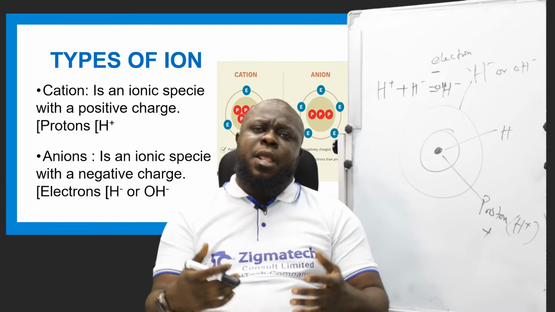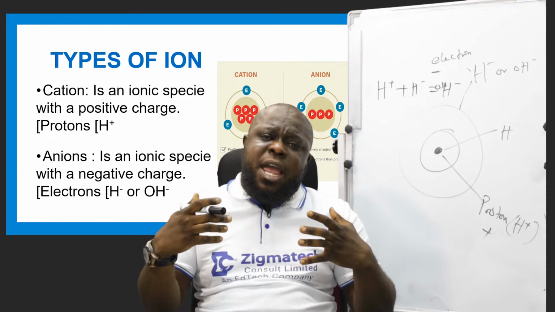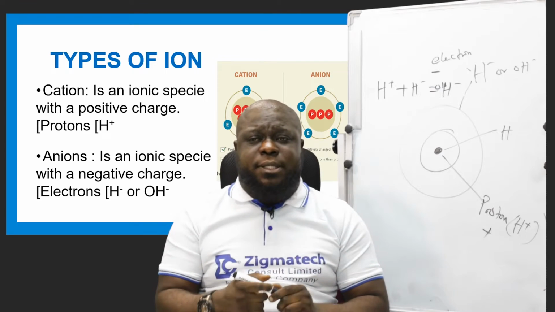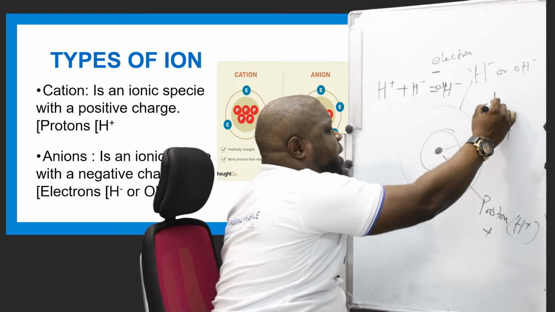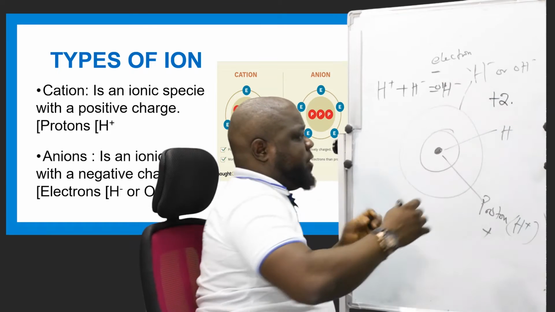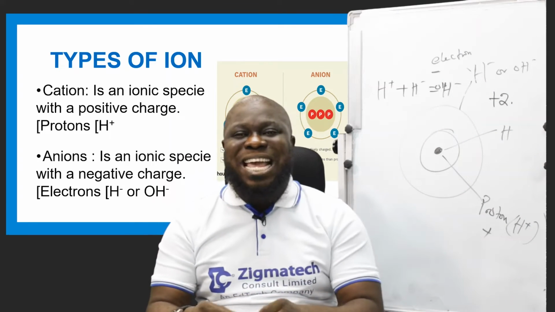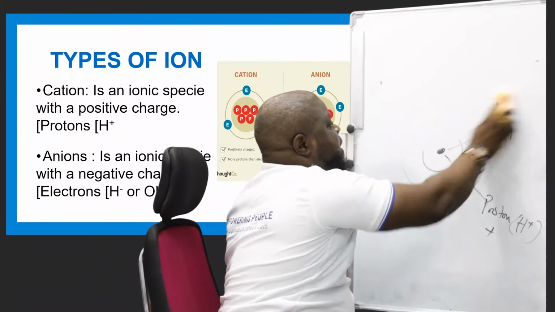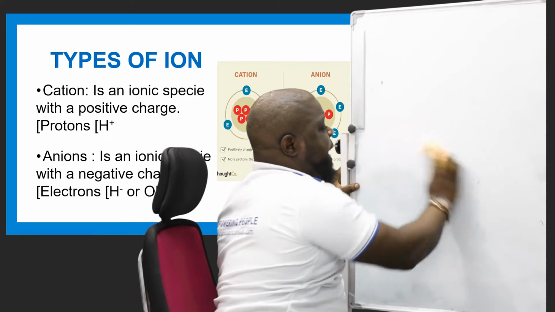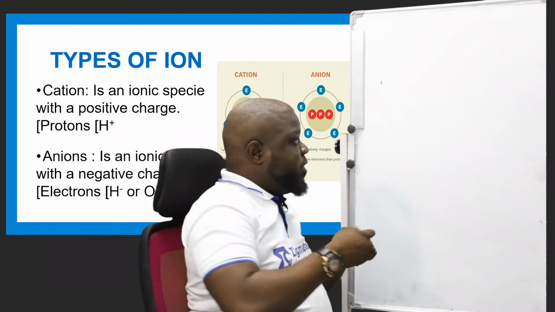Now, let's take an example: a cation with a +2 charge is called a dication. Di means two, as we know.